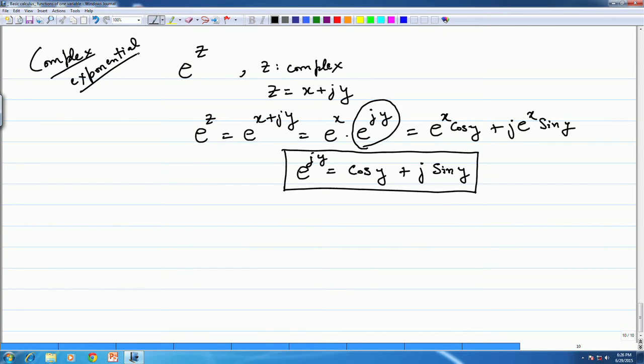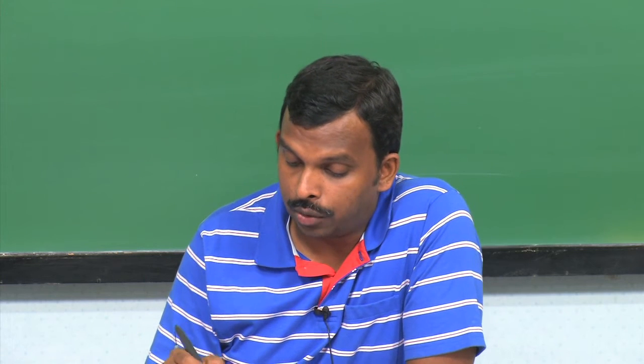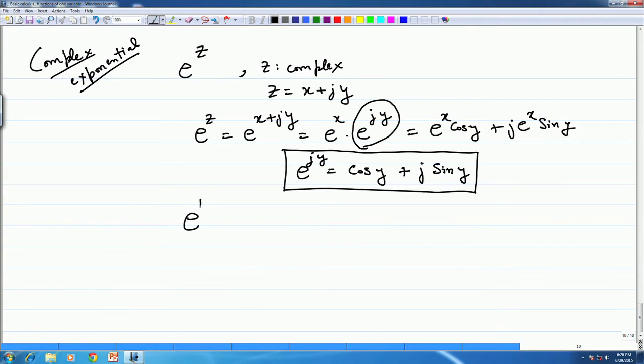And it is very crucial, and it will show up again and again in this class. So, for instance, a very commonly seen exponential is e power j 2 pi f naught t, and this you will see is cos 2 pi f naught t plus j sin 2 pi f naught t.